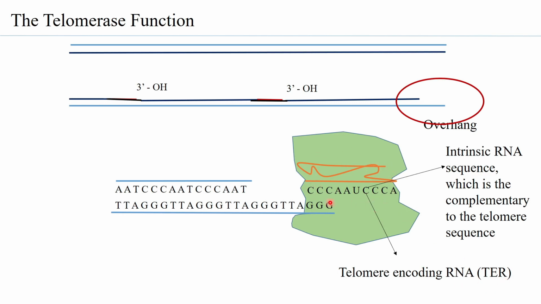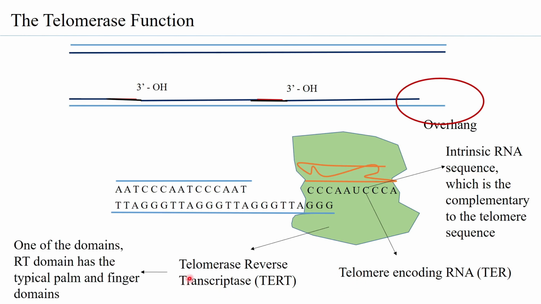So this part of the telomerase is called TER. While the protein part, of which there are many domains, the catalytic domain is what is called the telomerase reverse transcriptase. So the telomerase is a specialized polymerase which, instead of using DNA as a template, uses RNA as a template to synthesize DNA.